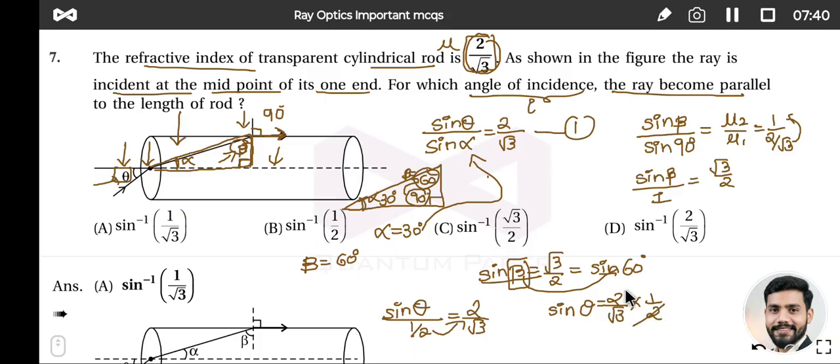This 2 and 2 will get cancelled. So sin theta is equal to 1 upon root 3. We have to find theta, so theta is sin inverse of 1 upon root 3. So our correct answer is theta equal to sin inverse of 1 by root 3, option number A.